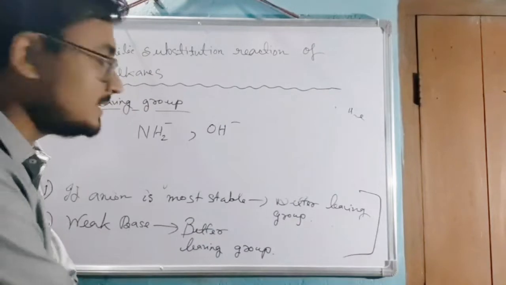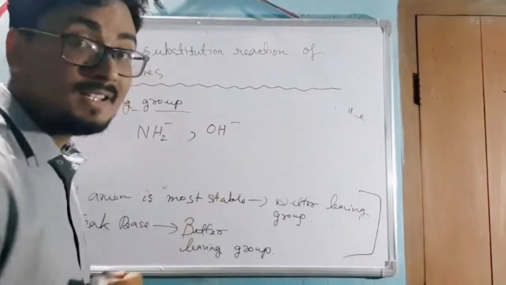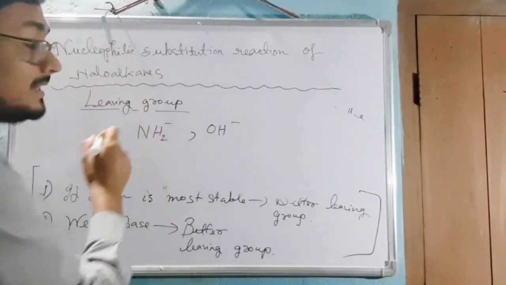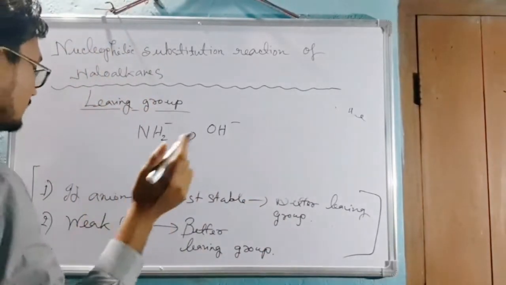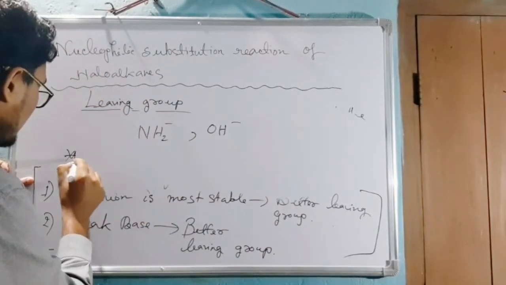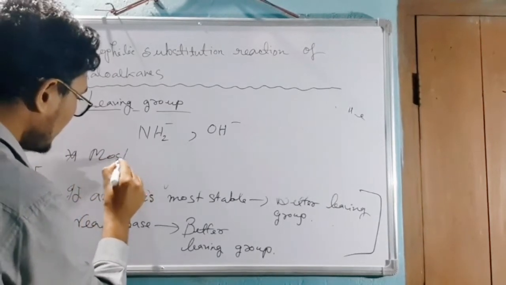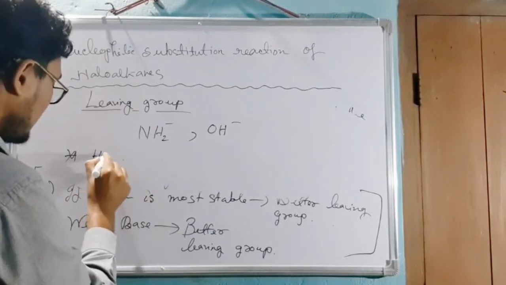Let us see. We all know oxygen is highly electronegative. Then nitrogen.